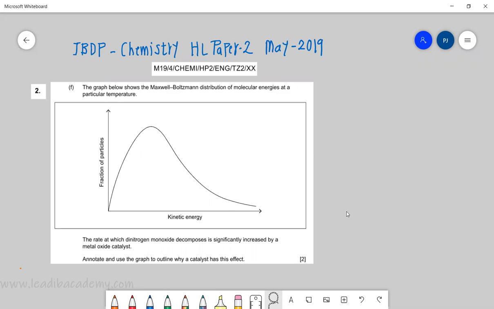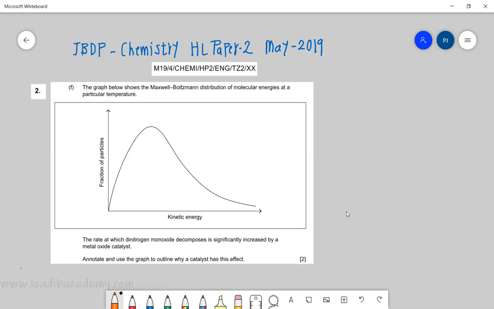First of all, the concept should be clear. The Maxwell-Boltzmann distribution indicates what fraction of molecules possess a given kinetic energy. The molecules with a higher amount of kinetic energy are going to have a successful collision because they are more energetic.